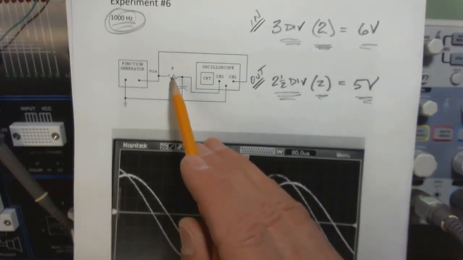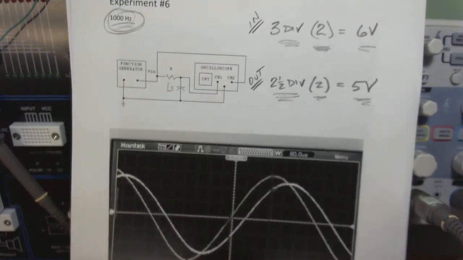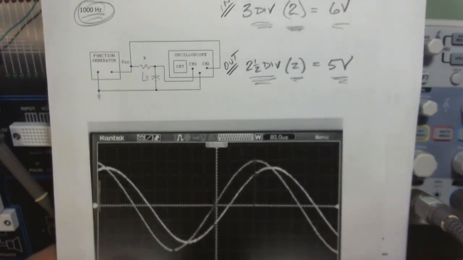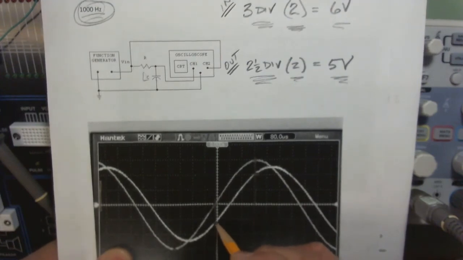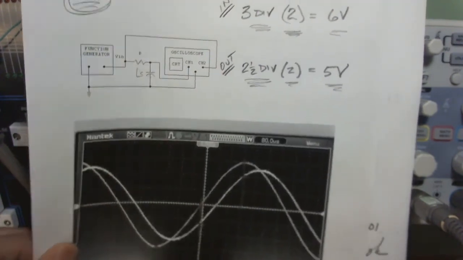So what that is saying is that the voltage across our resistor plus the voltage across our capacitor is equal to the input voltage, because this one right here, this is the voltage across our capacitor, because this is channel 2, which is measuring the voltage across your capacitor.